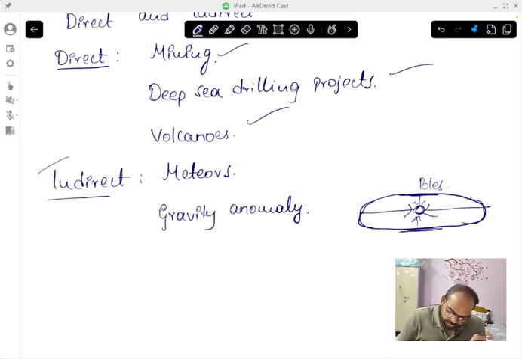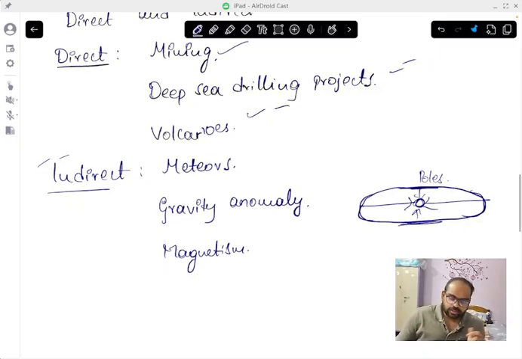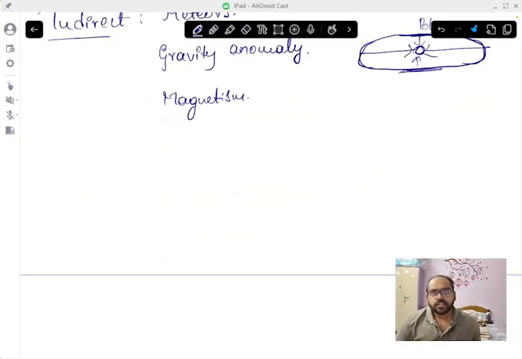Second one would be magnetism. What is magnetism? Different elements show different magnetic fields. For example, iron shows maximum magnetic field due to the magnetic properties present in it. Likewise, the materials collected from different sources show different magnetic properties, and based upon that, scientists can arrange them.